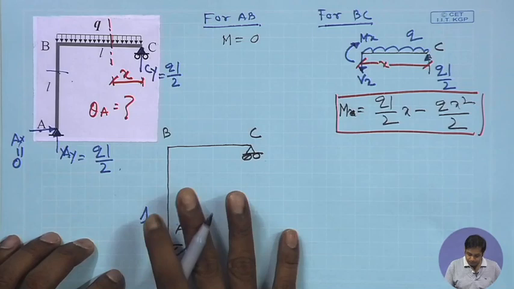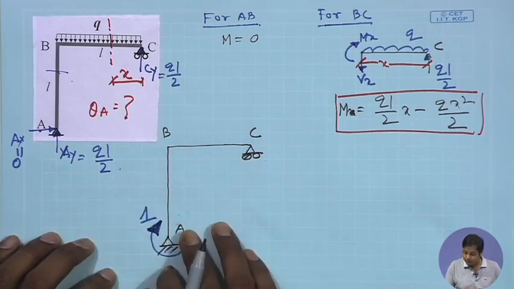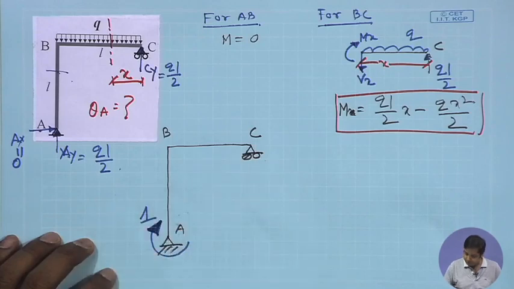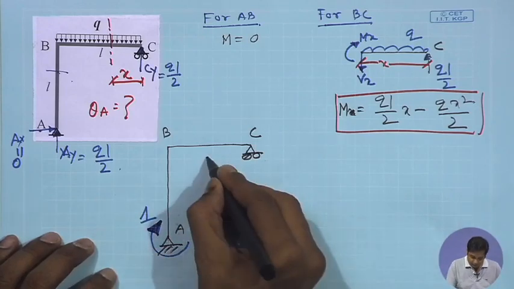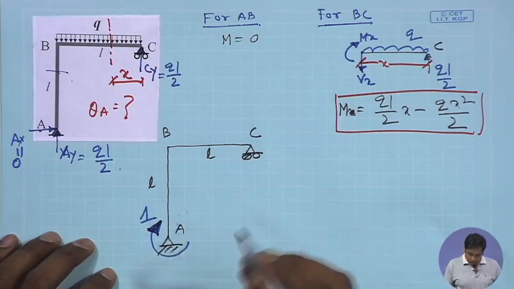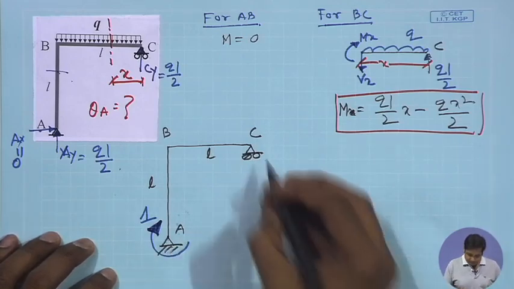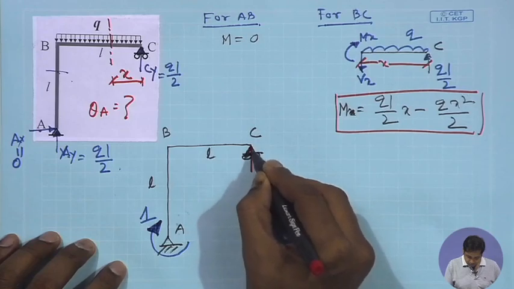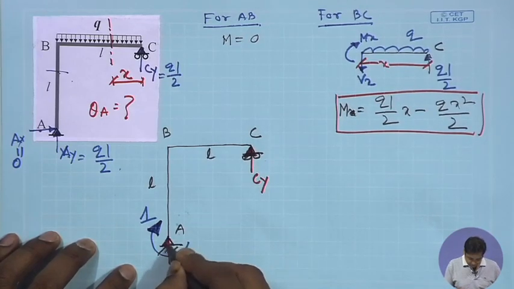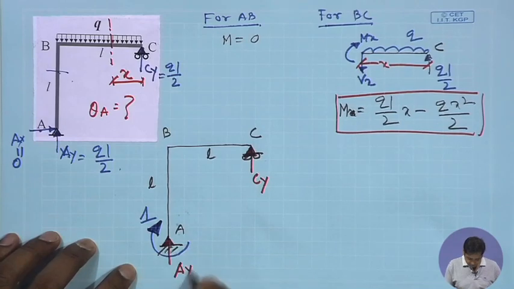Now, let us find out the bending moment for this. This length is L, this length is L, this length is L. Now, for this what would be the reaction? This will be CY, this will be AY, and this will be AX.